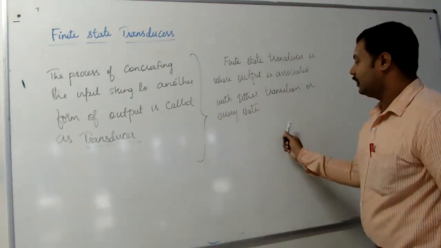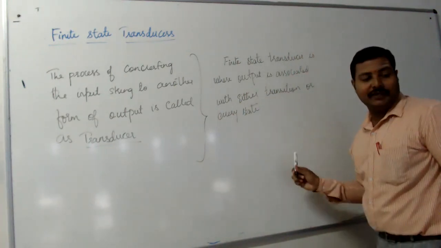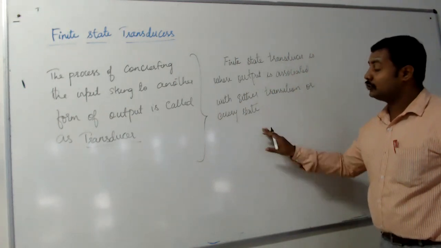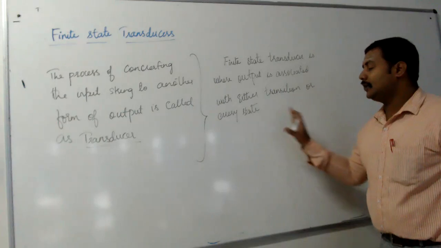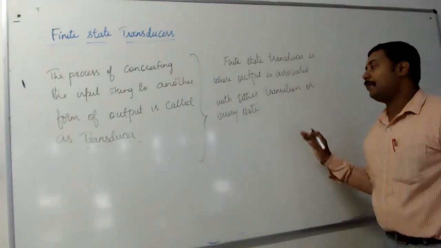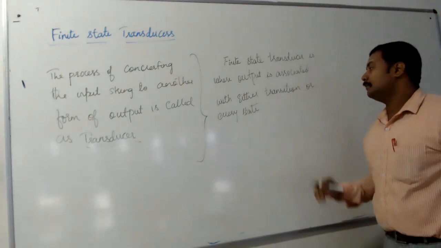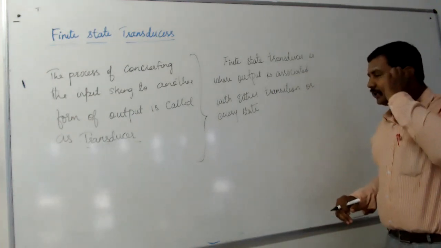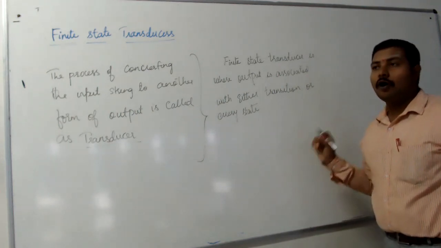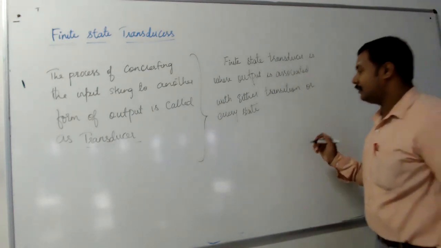So if you are having a DFSM or an FSM, here you are either having an output associated with the states or associated with the transitions. Upon some input symbol, the transition is associated with the input symbol as well as the output.